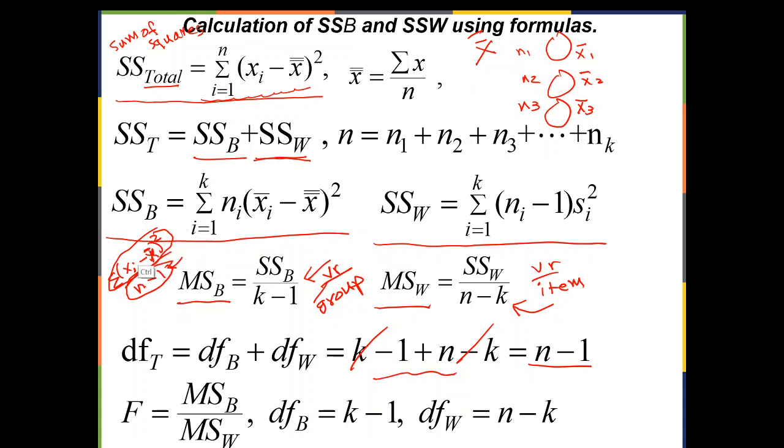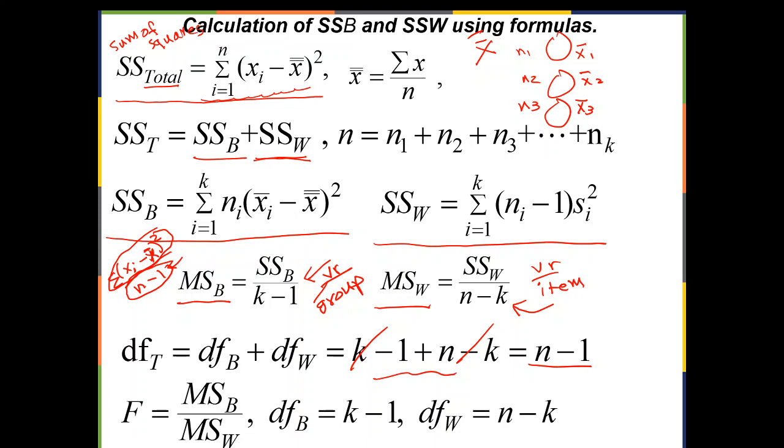So F, of course, is the ratio of this over that. The degrees of freedom of the numerator is k minus 1, and of the denominator is n minus k.